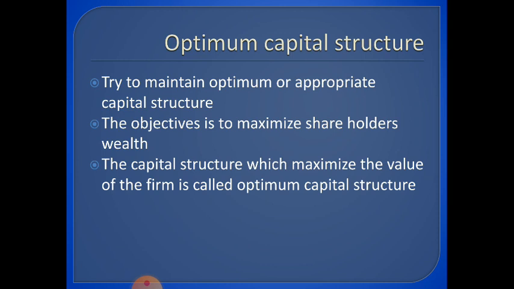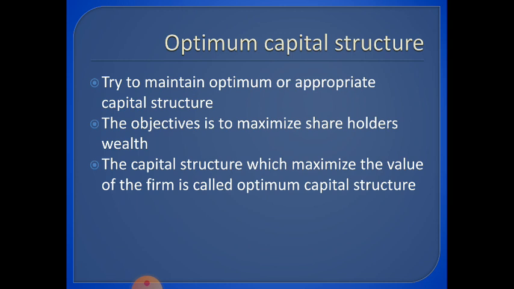The main objectives of capital structure are to maximize the value of the firm or shareholders' wealth and minimize the overall cost of capital. So the capital structure which maximizes the value of the firm and minimizes the cost of capital is called optimum capital structure. It is the best or most economical capital structure.